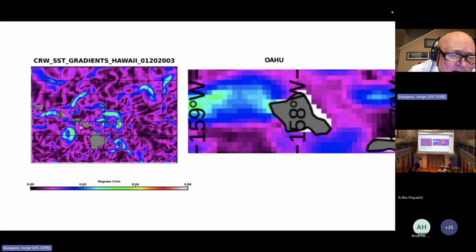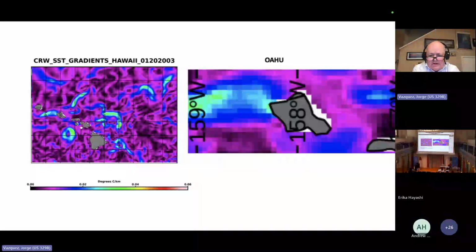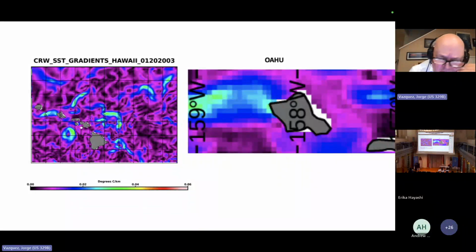This shows the gradients off of Hawaii for one specific day, January 20th of 2003, based on Coral Reef Watch, also zooming in on the coastal area off of Oahu. You can definitely see some important issues: yes, there are gradients that you can identify, at least off of Oahu, that are very near the coast. So this is an example where gradients and resolution can be an important factor.